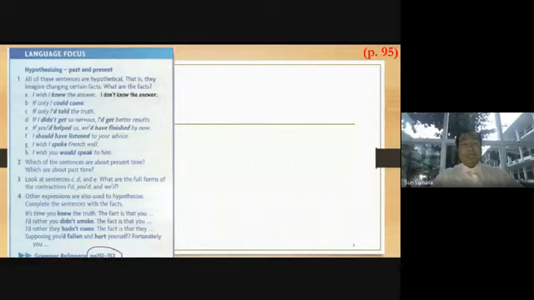Okay. So now can you focus on exercise number 1 and go briefly for about 5 minutes. All of these sentences are hypothetical. They imagine changing certain facts. What are the facts?